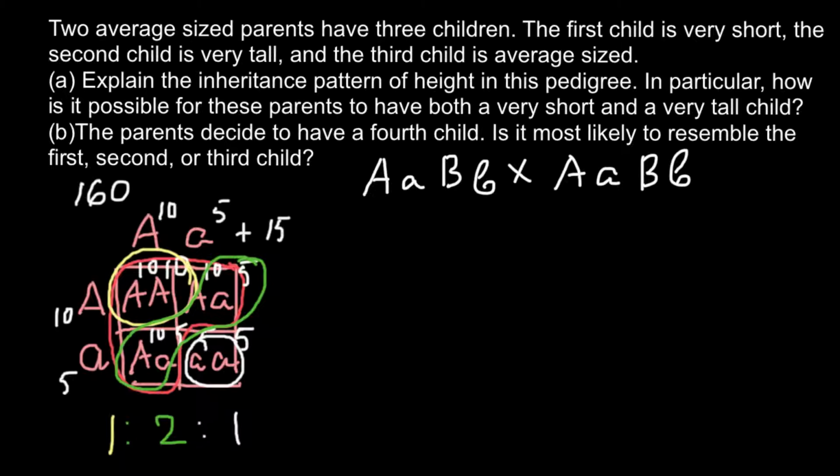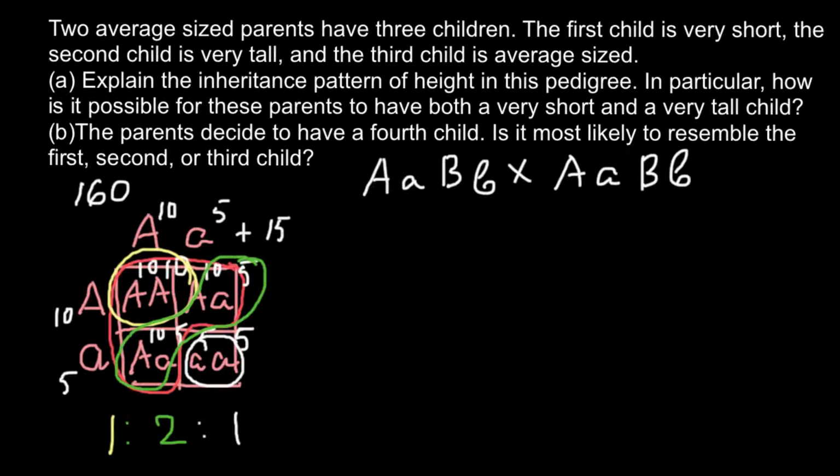This time each parent would produce 4 different variants of gametes. The genotypes of parent 1 and parent 2 are the same, so they would produce the same types of gametes.